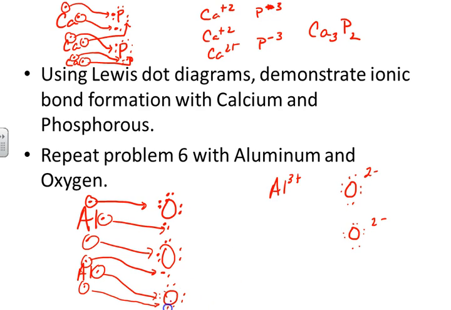So that gives us another aluminum and another oxygen. So that gives us the formula of 2 aluminums for every 3 oxygens.